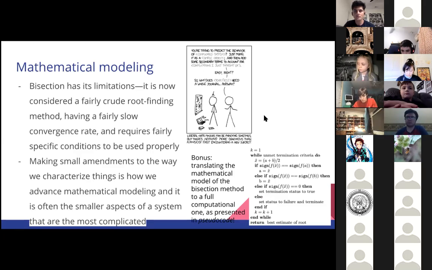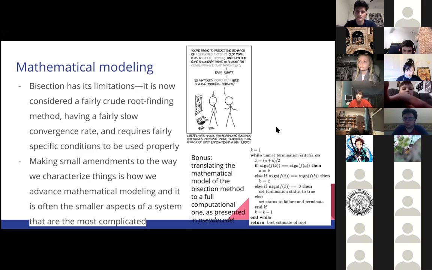Okay, and also here's one last bonus: translating the mathematical model of the bisection method to a full computational one presented in generic pseudocode. So the hat signs over here, if you've never seen that before, just mean the observed value. So basically all this is saying is that it sets k equals 1.